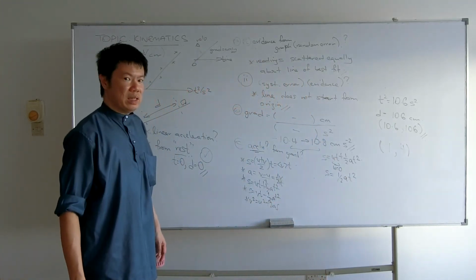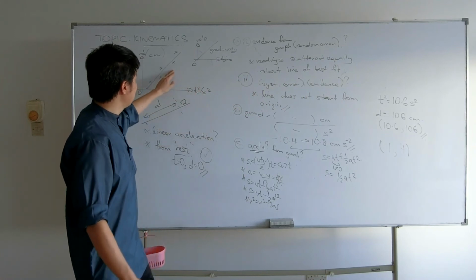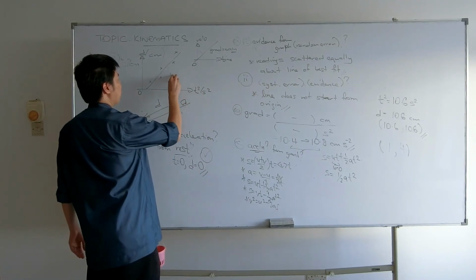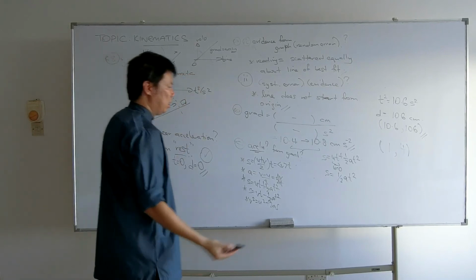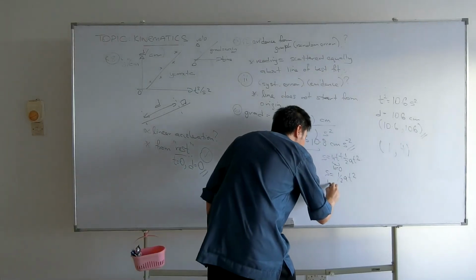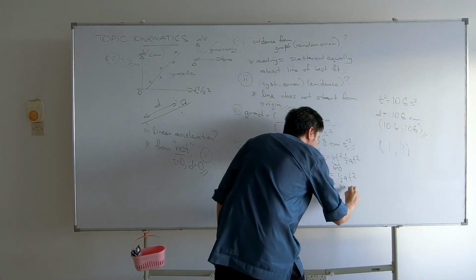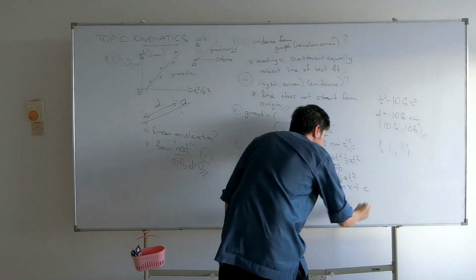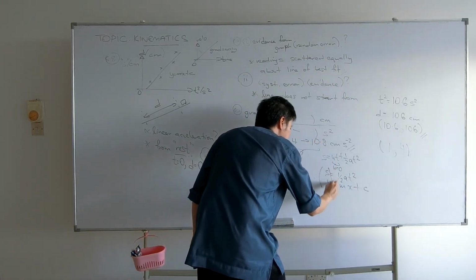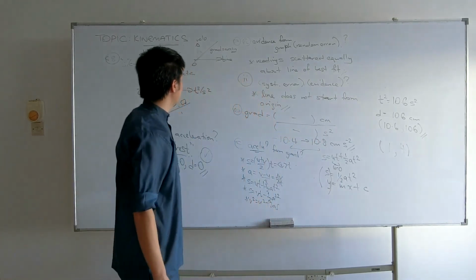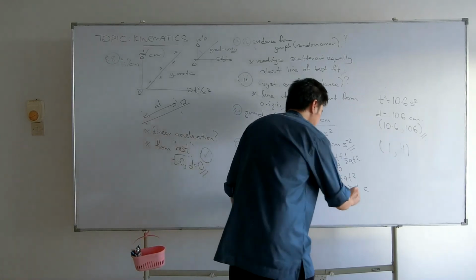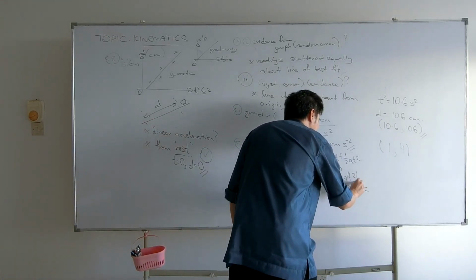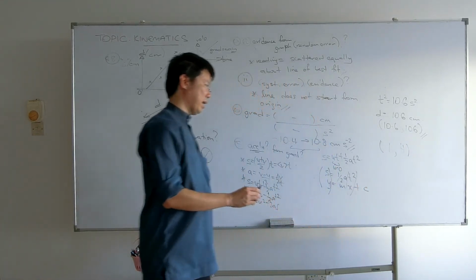But wait a minute. What line is this? This is a straight line graph. Y is equal to mx plus c. Therefore, if you put y is equal to mx plus c, you notice that your y is your S and your T squared is actually your x.